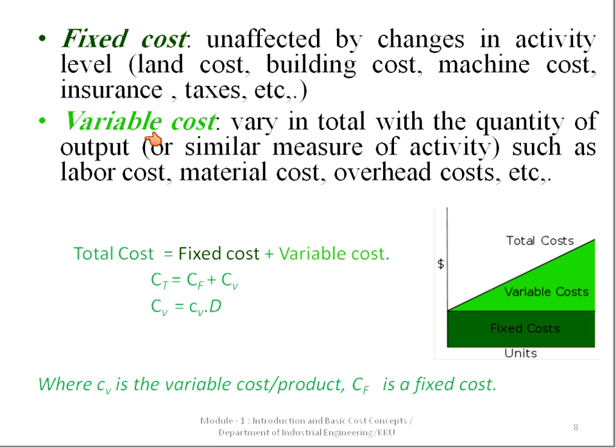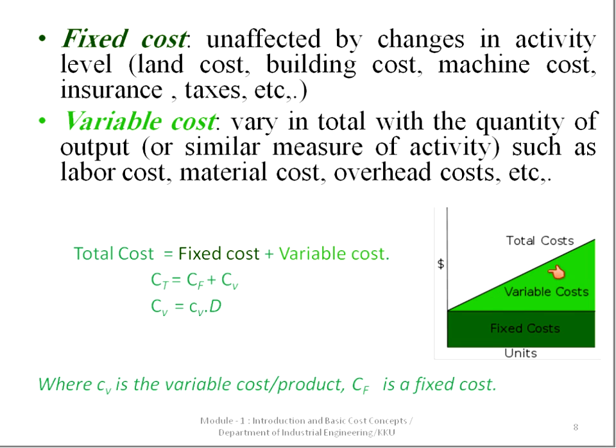If there is a change in output, the cost changes. If the output decreases, the cost decreases. If output increases, the cost increases. So there is a direct relationship between variable cost and the output of a system, the number of units.